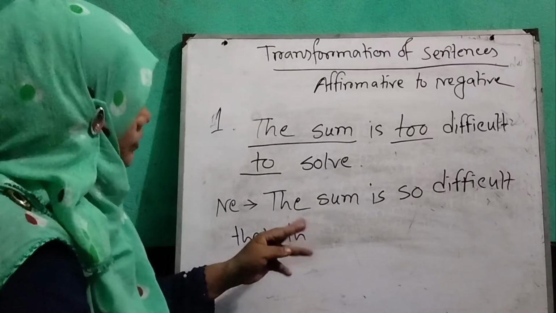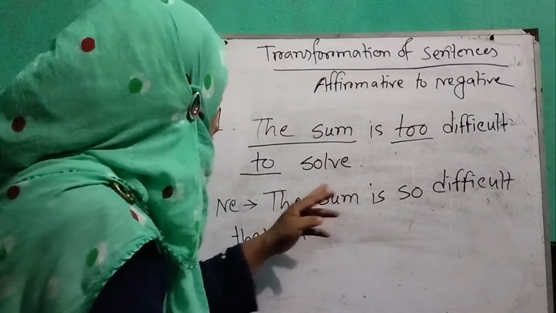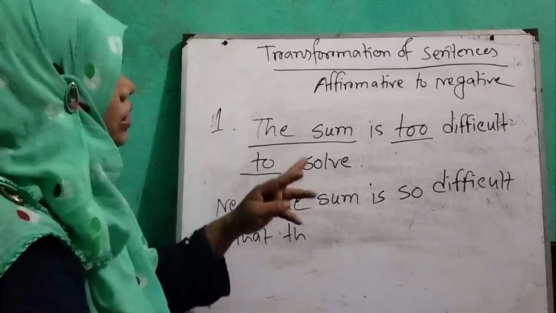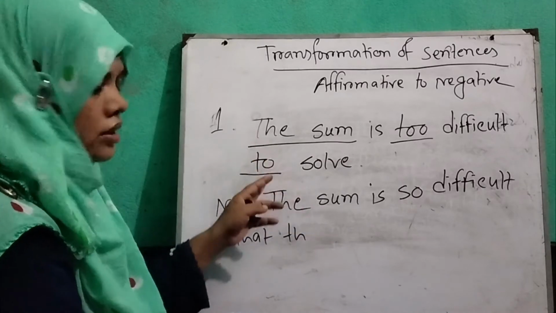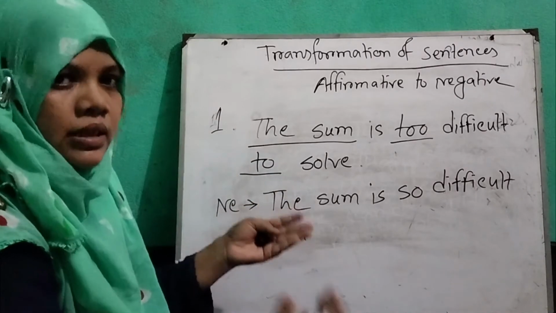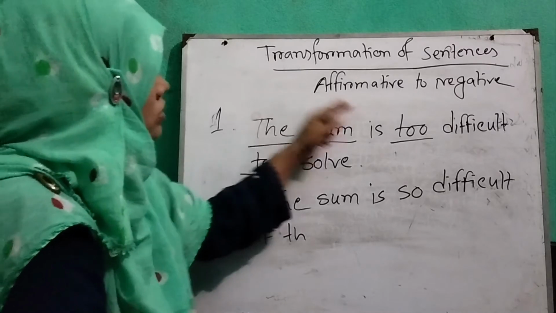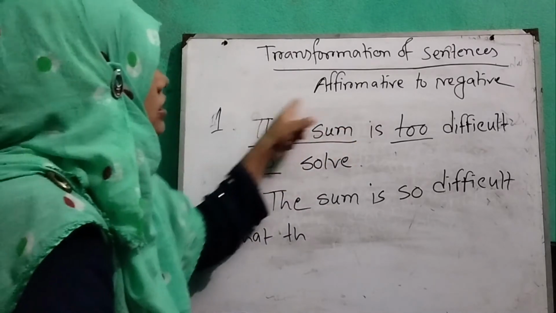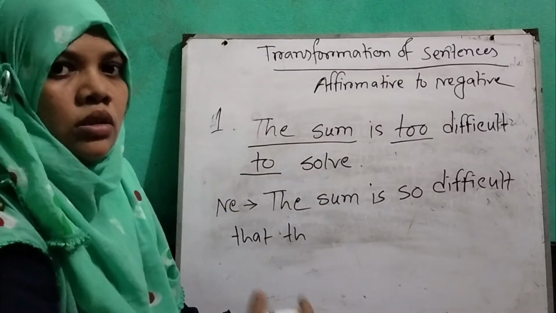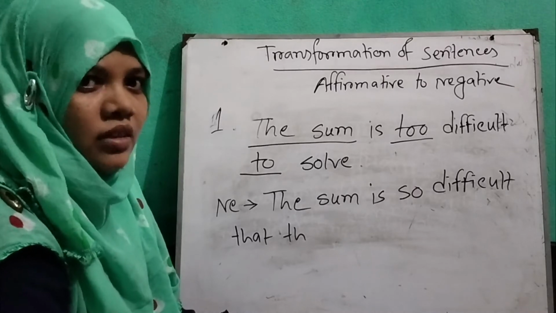The sentence is the sum is too difficult to solve, here we can say we cannot solve, or he cannot solve, or they cannot solve. You can bring any subject from those, but you can't bring the first subject, because the sum cannot solve itself. Okay, do you understand?